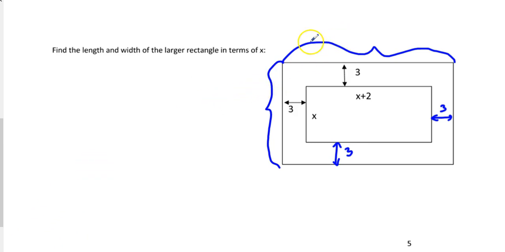So hopefully you considered that a little bit. If I'm looking at this side here, I've got an x plus 2, but then I've got a 3 on either side. So it's really like x plus 2 plus 3 plus 3. Similarly, in this direction, I've got an x plus a 3 plus another 3 on the bottom.